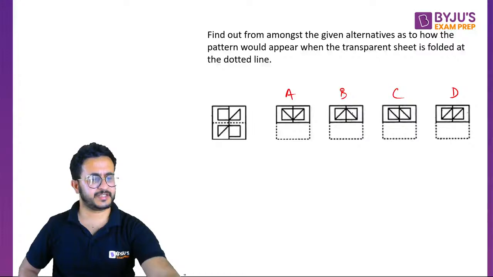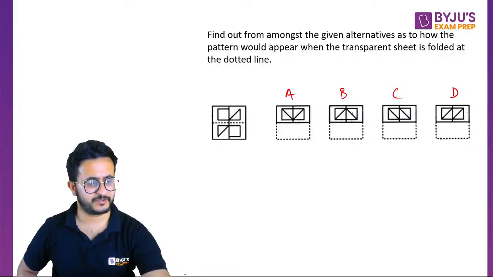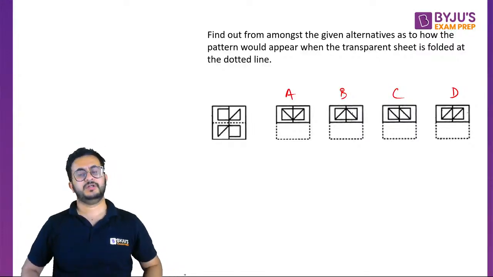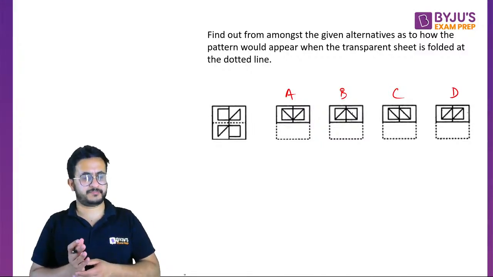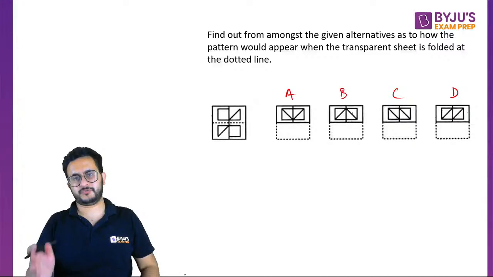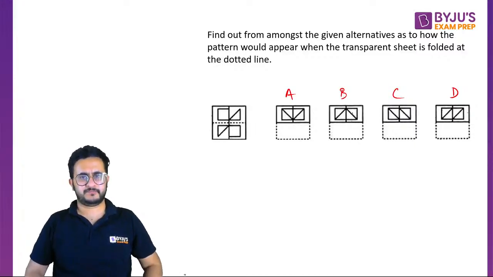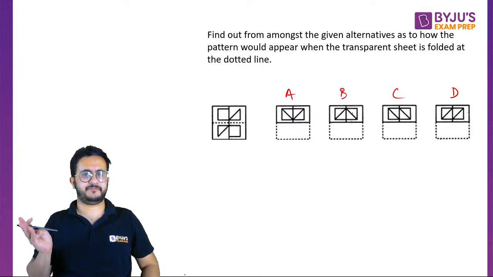Abstract reasoning is about visualizing things. You have to visualize how things appear when you fold them, rotate them, or take reflection of them along a particular line. Those are the principles: reflections and rotations.